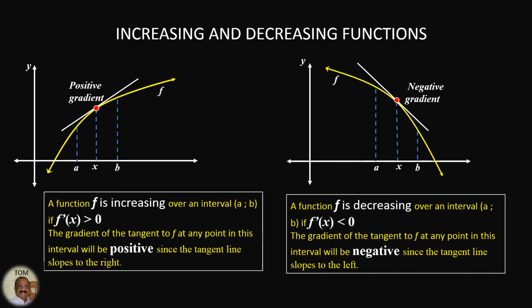So that is how we identify increasing and decreasing. If f dash x is greater than 0 or positive, we say increasing. If f dash x is less than 0 or negative, we say the function is decreasing.